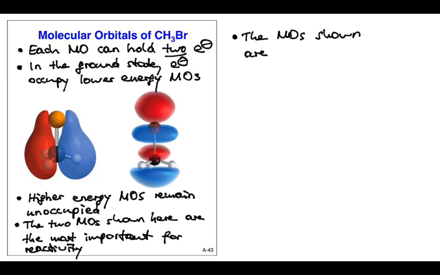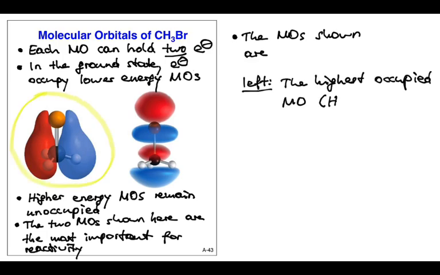On the left, we have the highest occupied molecular orbital, the orbital in the molecular orbital diagram with the highest energy that has electrons in it. Those are the most reactive electrons. We'll see what that means a little later, in chapter 6, when we start talking about reactivity.